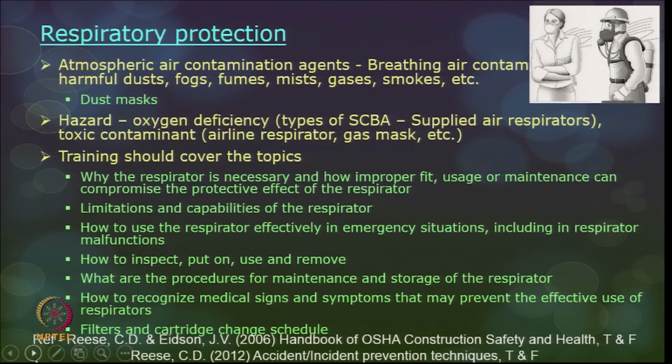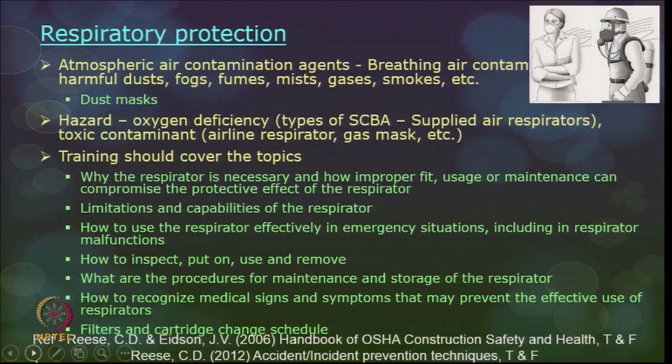The limitations and capabilities of the respirator should also be covered in the training, and how to use a respirator effectively in emergency situations, including respirator malfunctions. Suppose you have entered a confined space and the respirator malfunctions, you should know how to come out of the emergency situation and move out of that place.